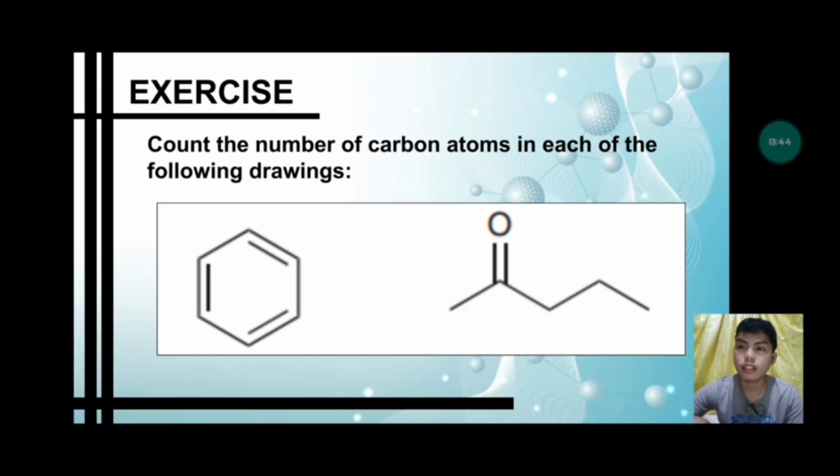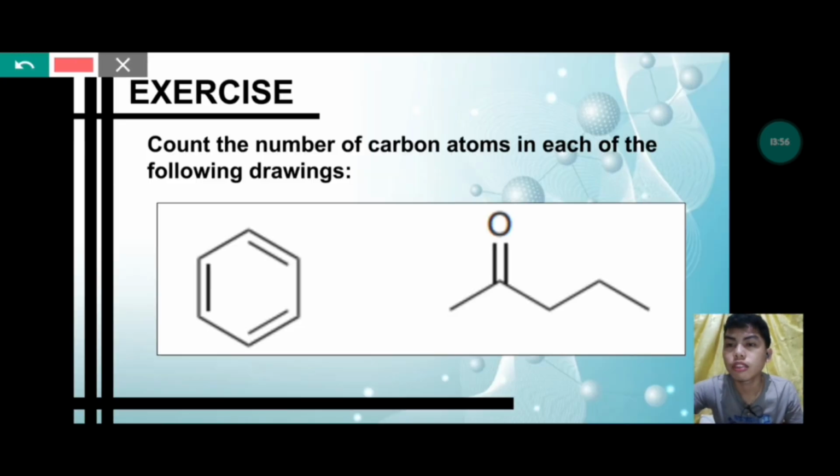So time's up. Now we will check if your answer is right. Here we will answer the compounds. The first compound on the left side, we have 1, 2, 3, 4, 5, 6.